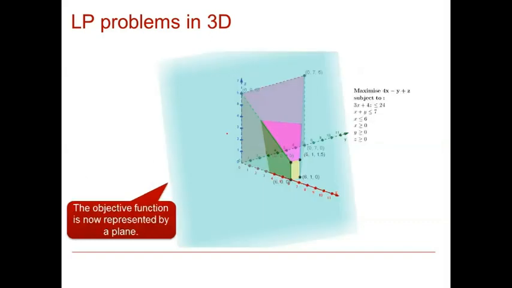So here we have the objective function. The objective function is 4x minus y plus z equals some constant. And we can see that when we draw this on our graph, the objective function is now represented by a plane. So we can see that this is a fairly difficult task to do graphically.